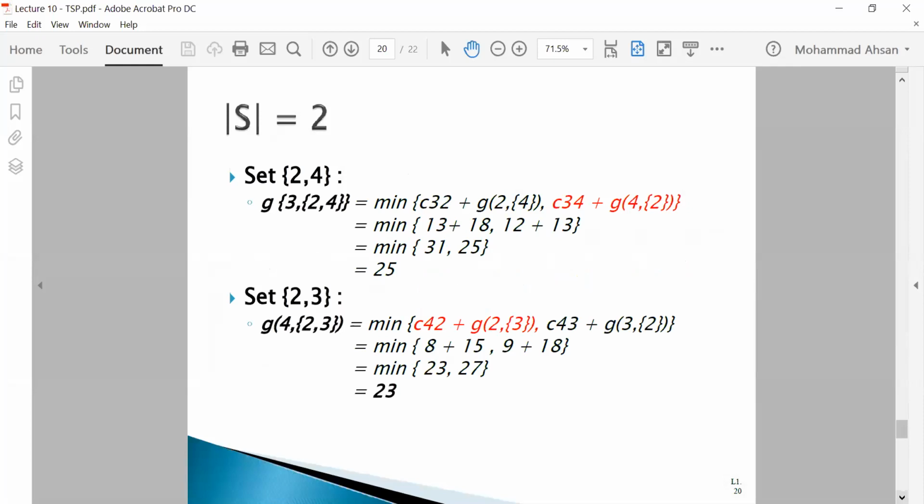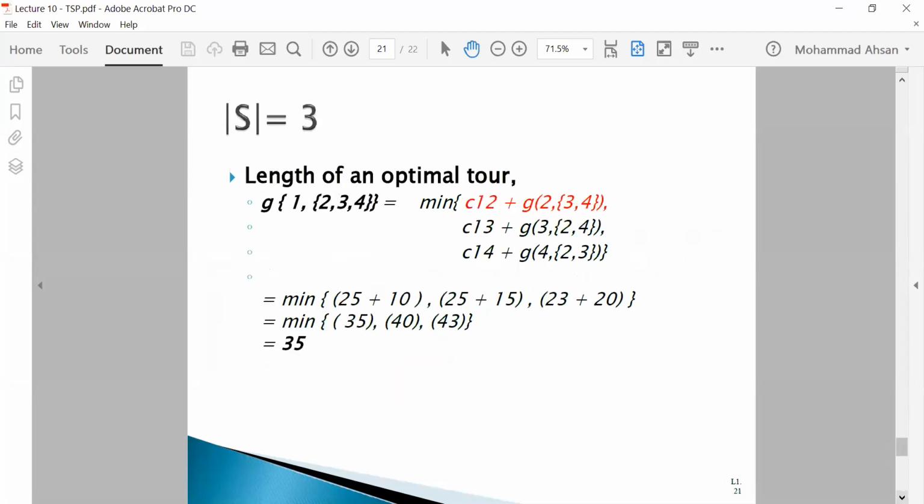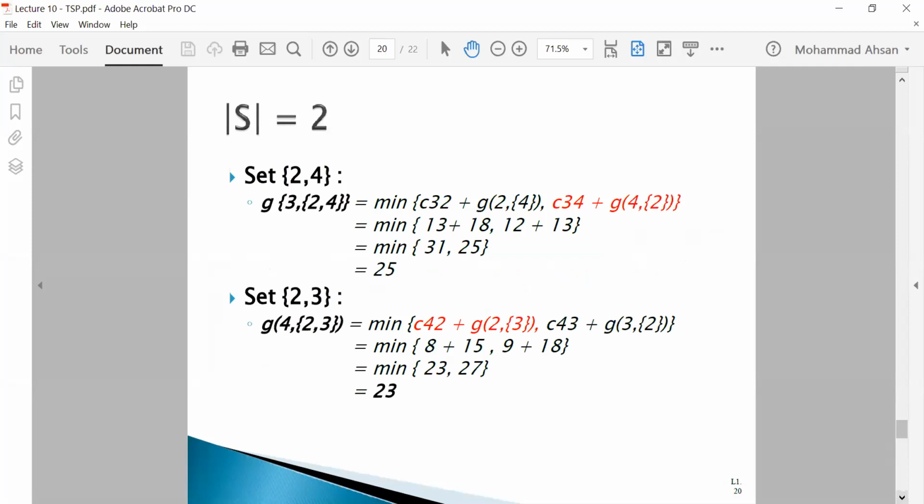If we are at 3 and we could visit either 2 or 4, which one gives us the least cost? We have calculated. If we are at 4 and we are left with 2 and 3 as intermediate vertices, which one gives us the least cost? That is there. Now, okay, we increase the size of our subset to 3.